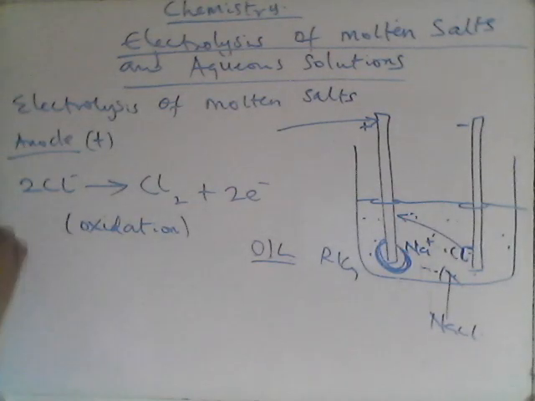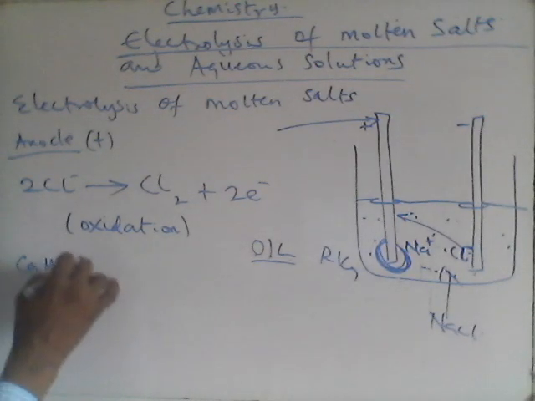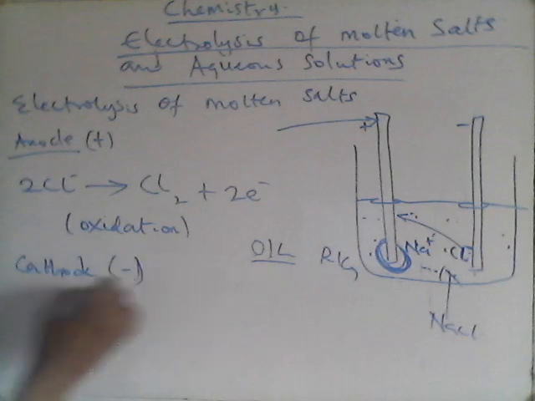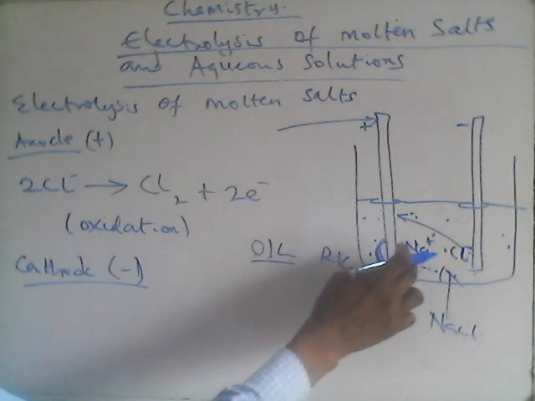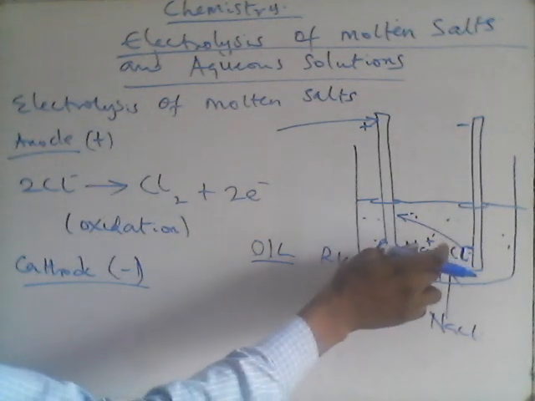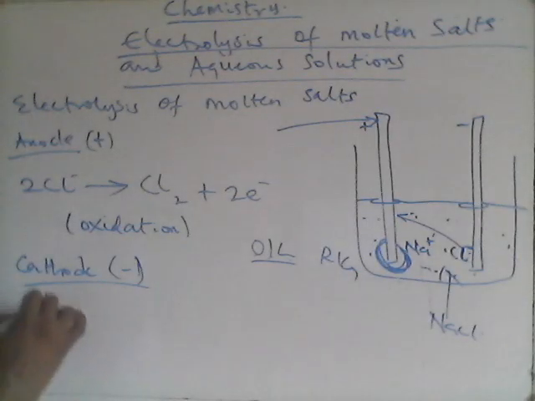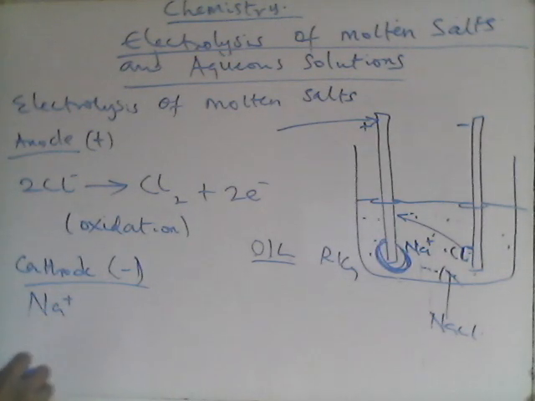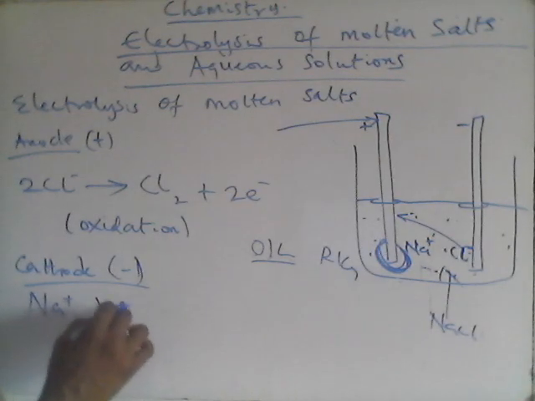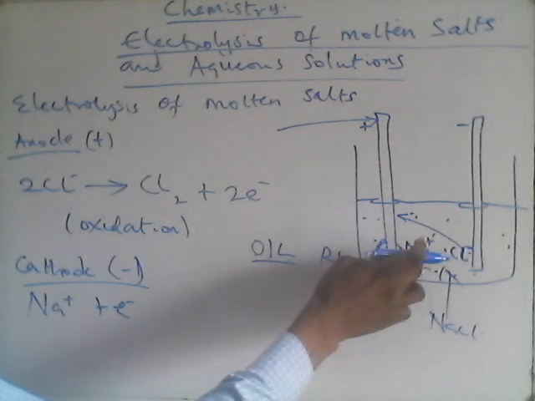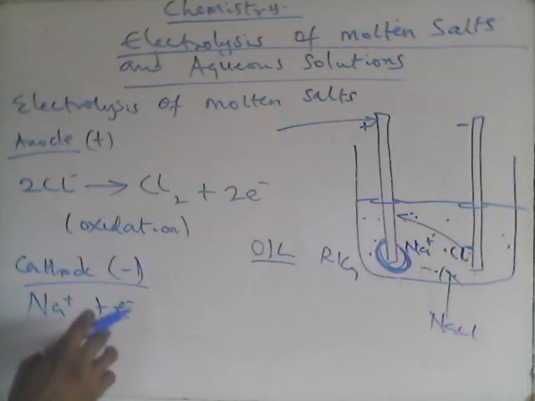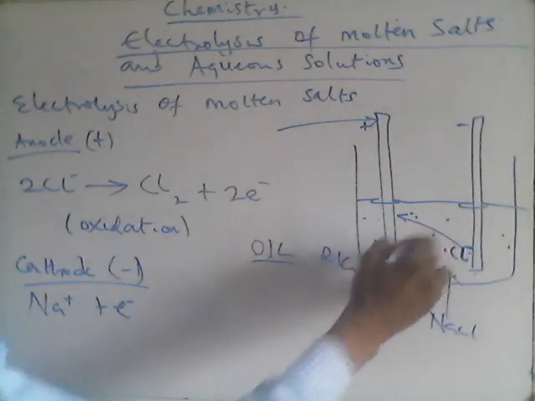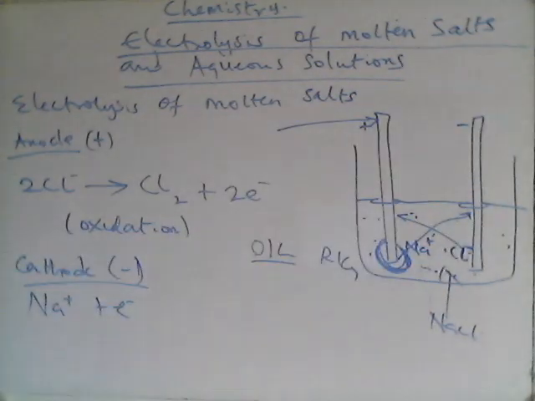Now, on the cathode side, this is the cathode side. What happens? The sodium ion goes and acquires an electron, because at this point it has already lost an electron. That's why it is positive, so it wants to acquire an electron and goes to the cathode.